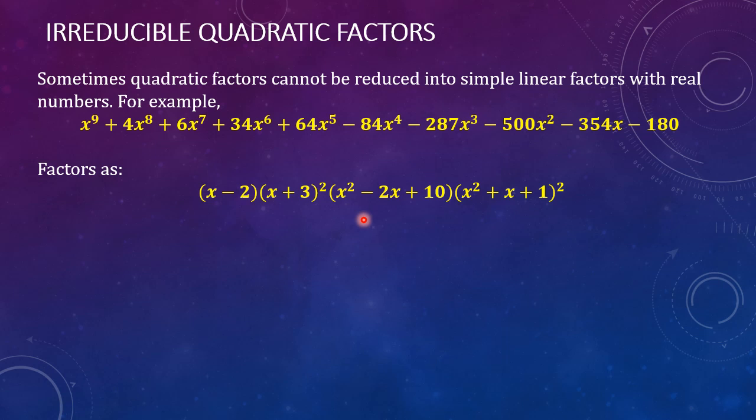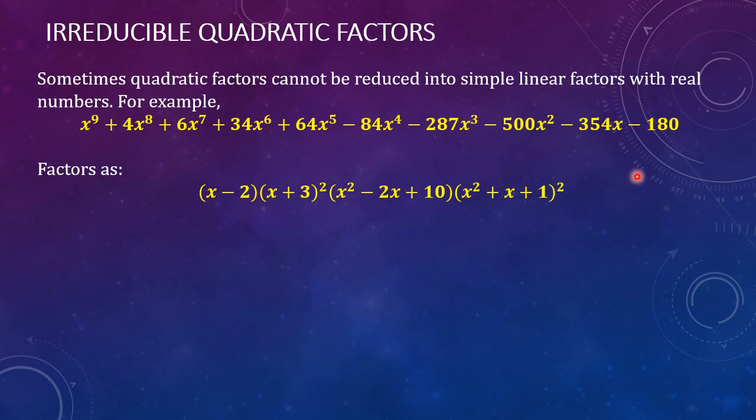So in here you can see that we have linear factors, so we have repeated linears, x plus 3 squared. We have a quadratic that cannot be reduced, x squared minus 2x plus 10. And then we have a repeated, because it's got an exponent on it, irreducible quadratic factor.